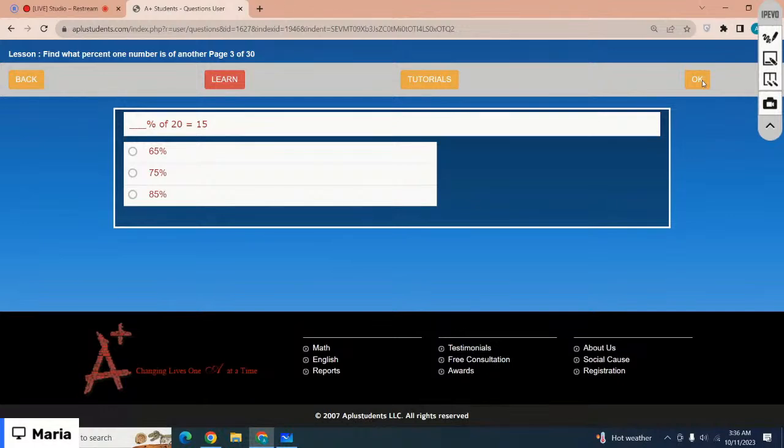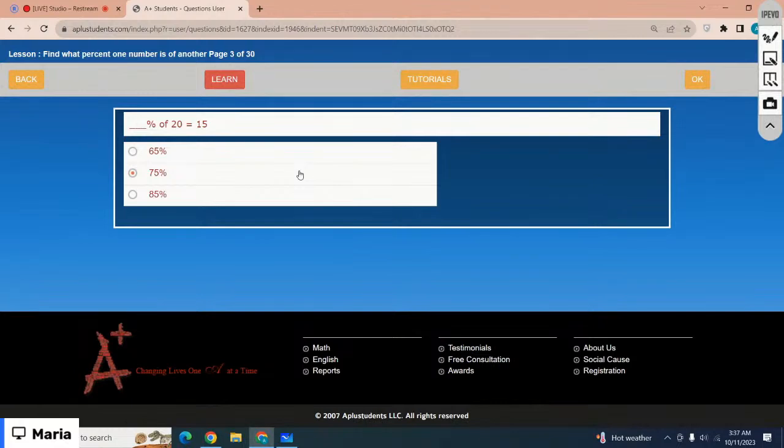What percent of 20 is 15? Very good, that would be 75%.